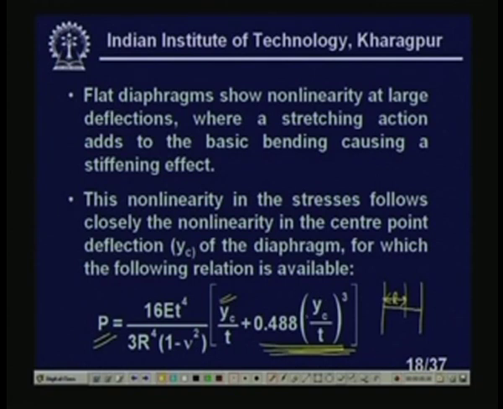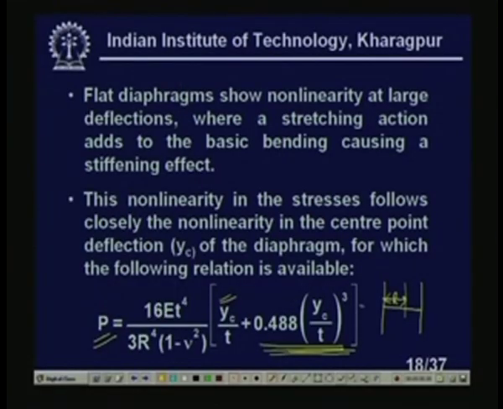Whereas, if this term is much less than this term, we can easily neglect that part. We will solve some problem on how much nonlinearity will be introduced by this, but always the deflection of the central point of the diaphragm should be much less compared to the thickness of the diaphragm. So, these two, YC and T, are quite related, to eliminate the nonlinearity in the system.